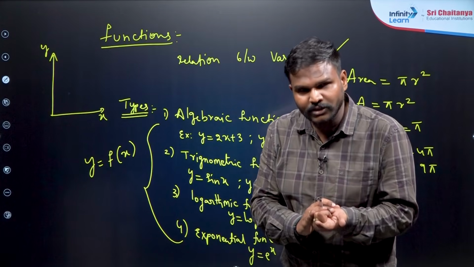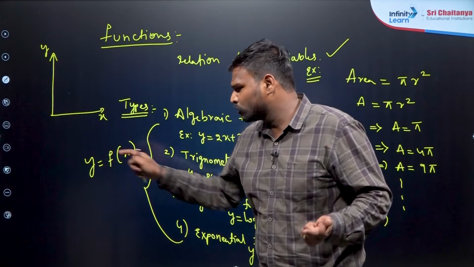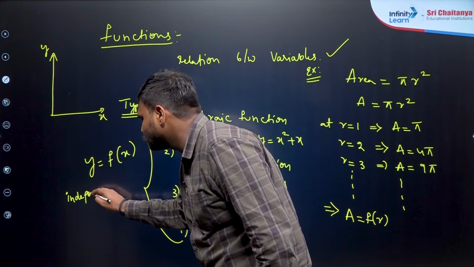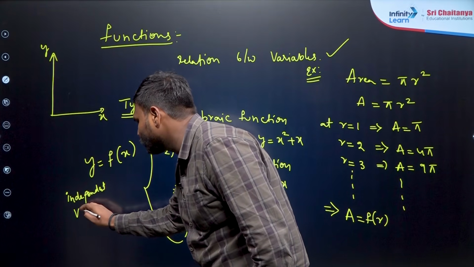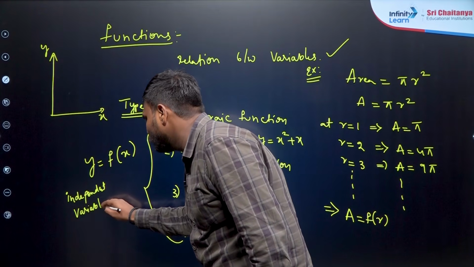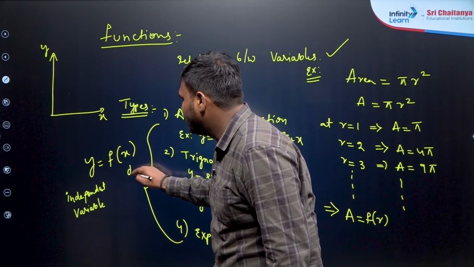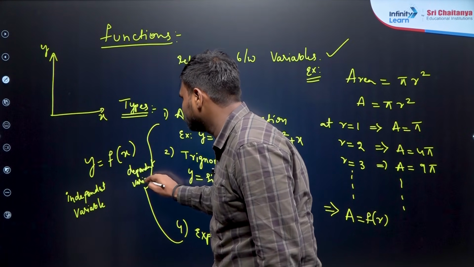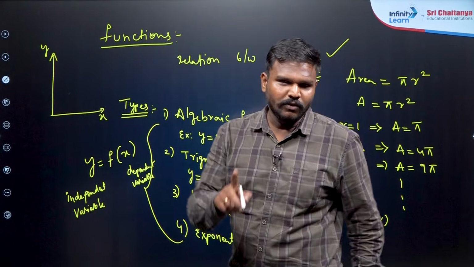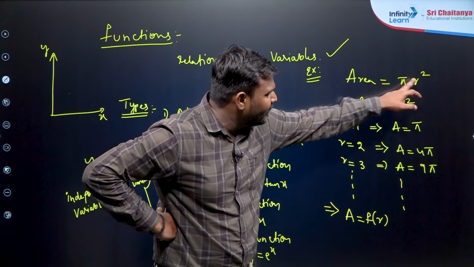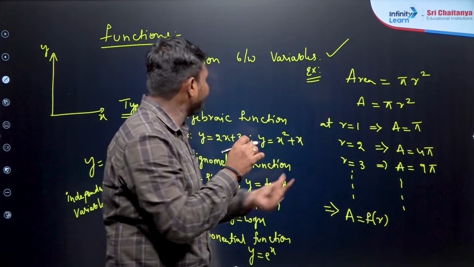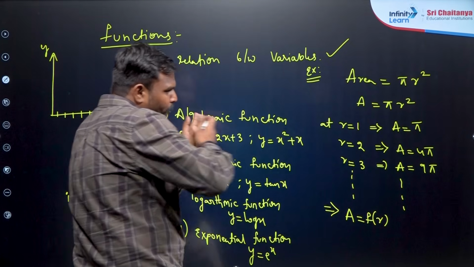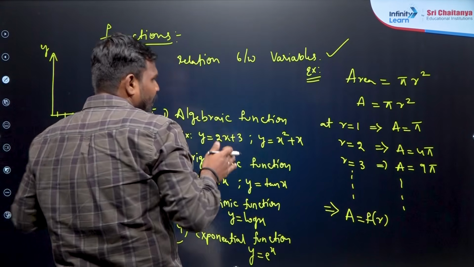There are different types of functions, but the left hand variable is called the independent variable. And the right hand variable is called the dependent variable. Okay, why? Because if you can focus here, on the right hand side I will change every point, 1, 2, 3, 4, 5, 6, from 0 to plus infinity I can go, minus infinity I can go.